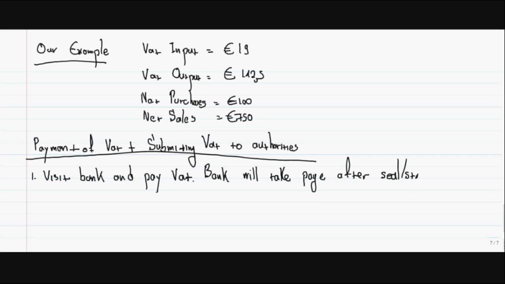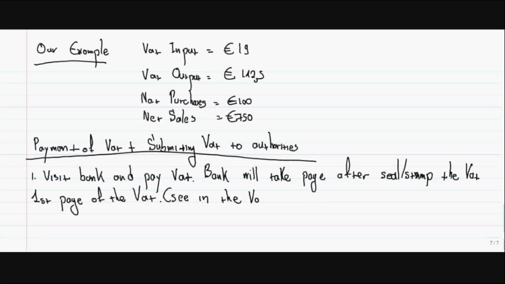The cashier will stamp page 1 of the VAT form and take the 3rd page for the bank records. Just to remind you that the bank cashier will stamp on page 1. Page 2 and page 3 will be filled automatically because the VAT form is a triplicate form.